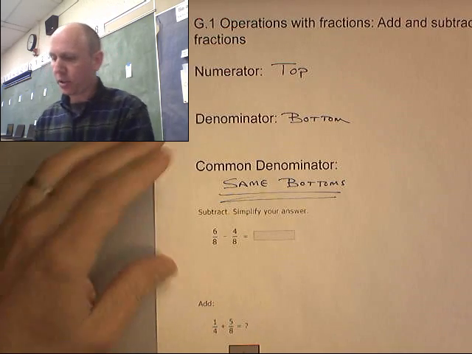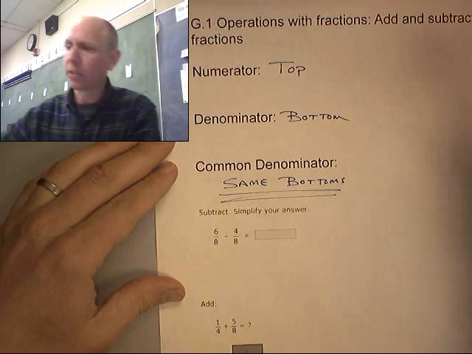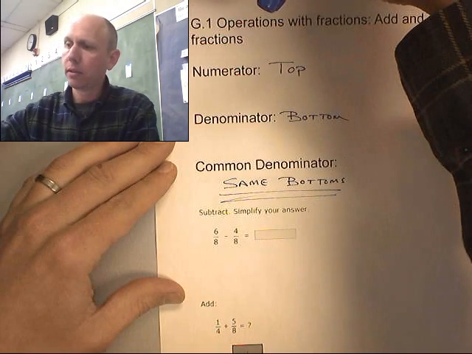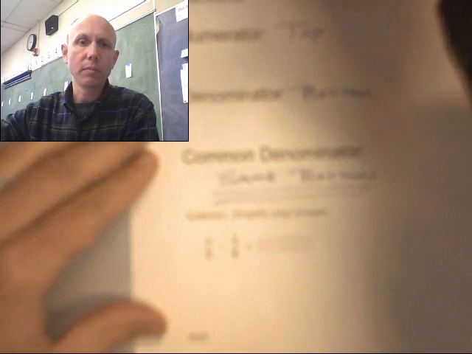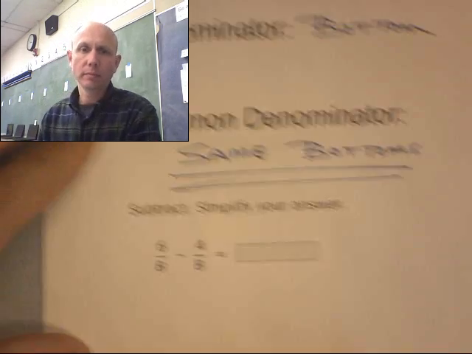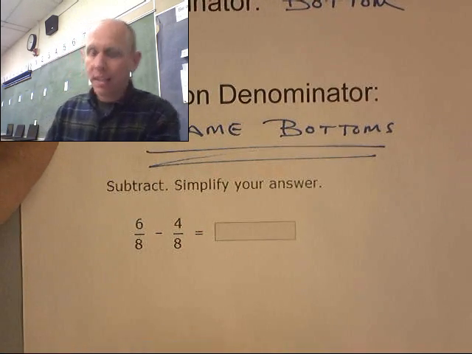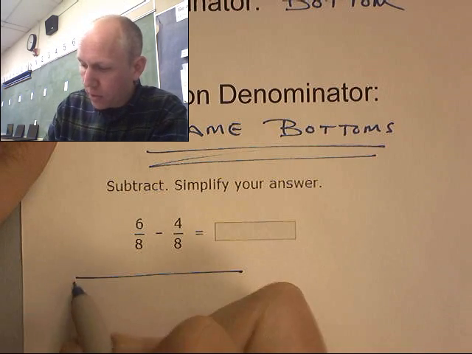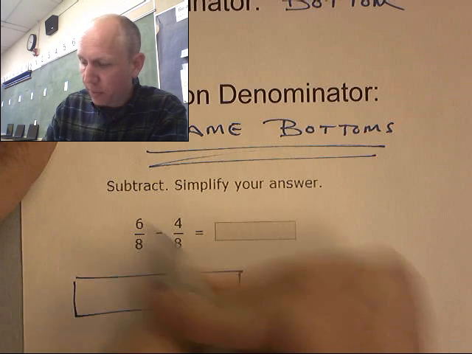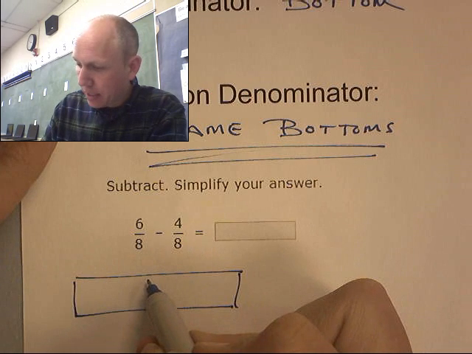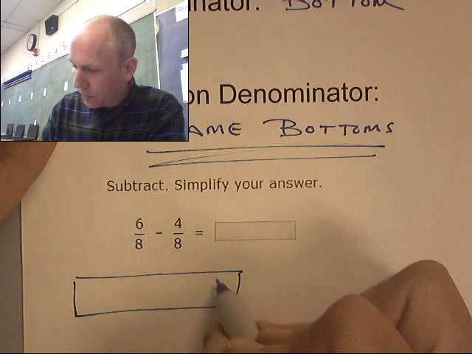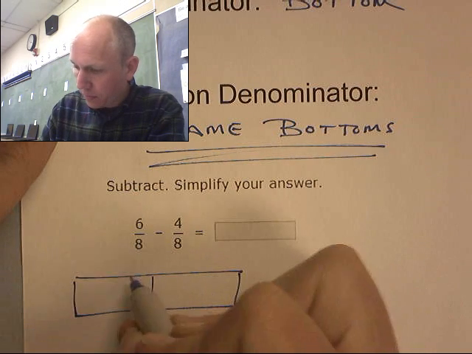And I'll show it to you with, I'll draw some pictures here. Hopefully make it come to life a little bit. What I have here is 6/8. So imagine a whole unit of whatever this is. And I'm going to split this into 8 parts.